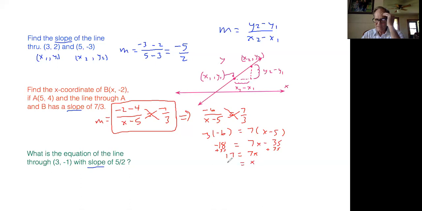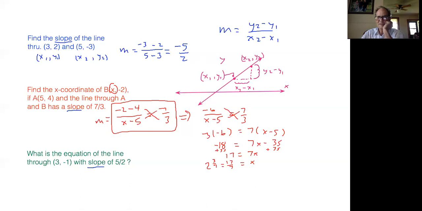So x is 17/7, or dividing that out, 2 and 3/7. There's my x coordinate right there. Now notice, even though this is asking for a coordinate, and this one's asking for the slope, I'm still using and applying the same tool to find them.